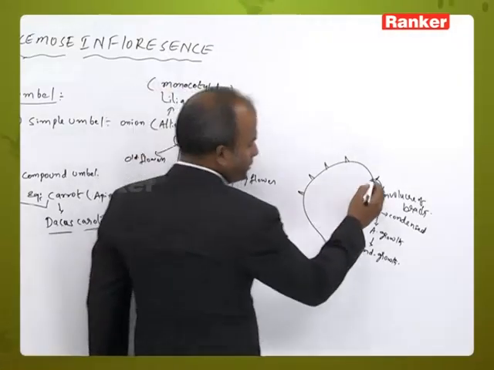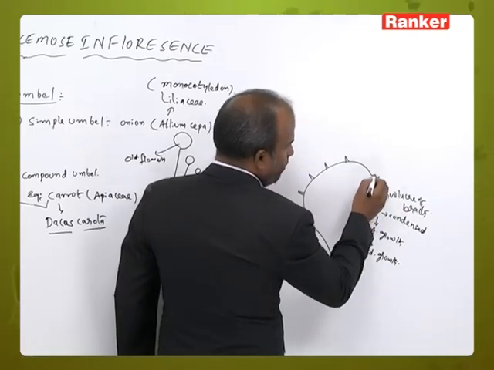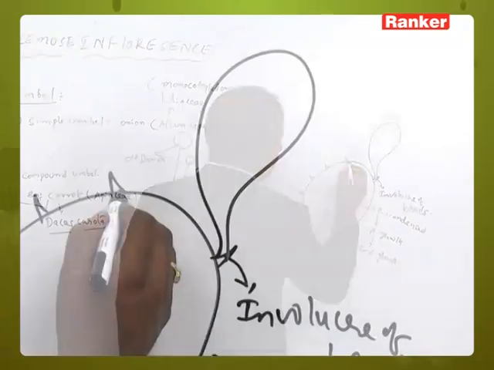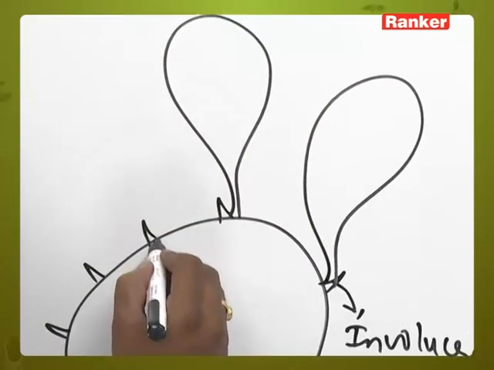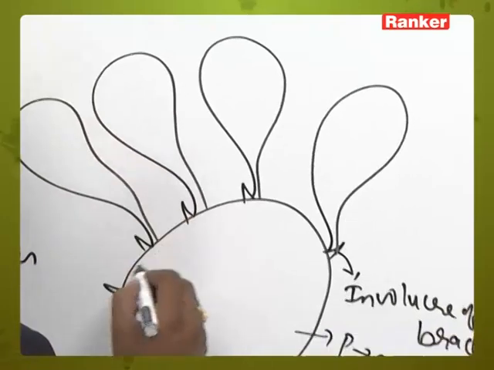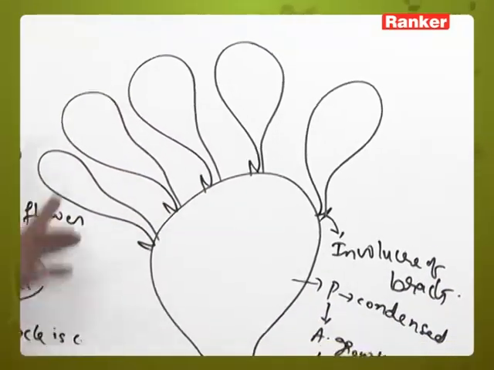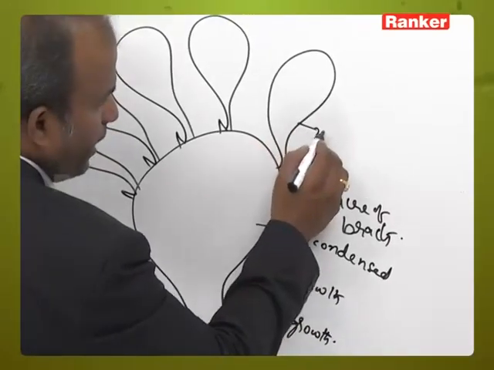And from each bract of the involucre, branches are developing. These are nothing but branches.